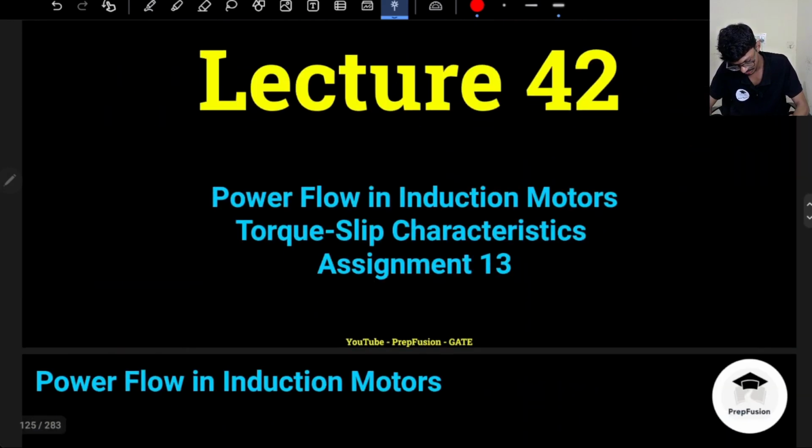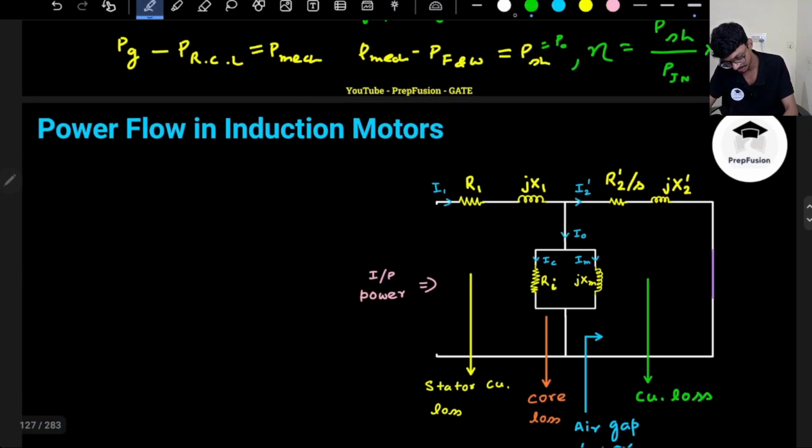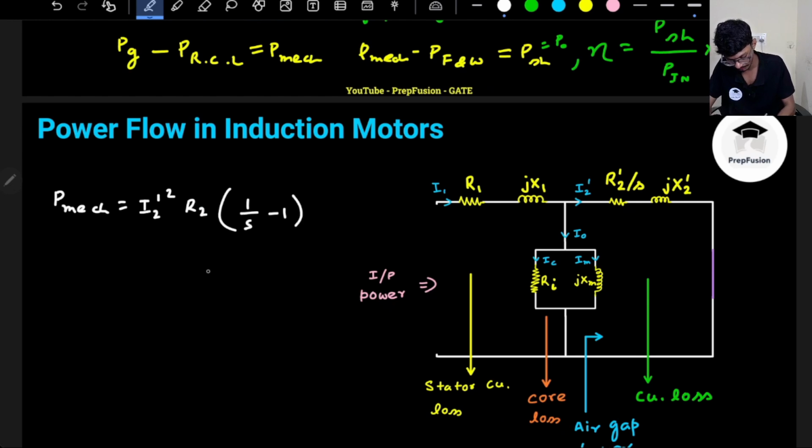The mechanical power is this one, whatever is getting dissipated here. We derived this in the previous lecture. It is I2 dash whole square, because it is referred to the primary now, I2 dash whole square into R2 into (1 by S minus 1).